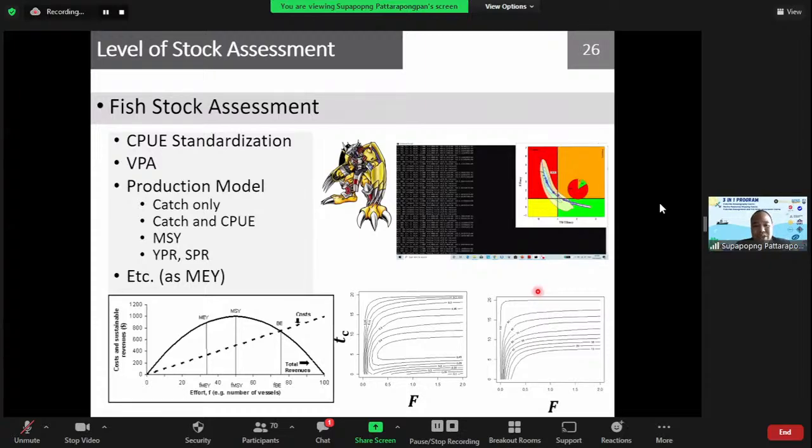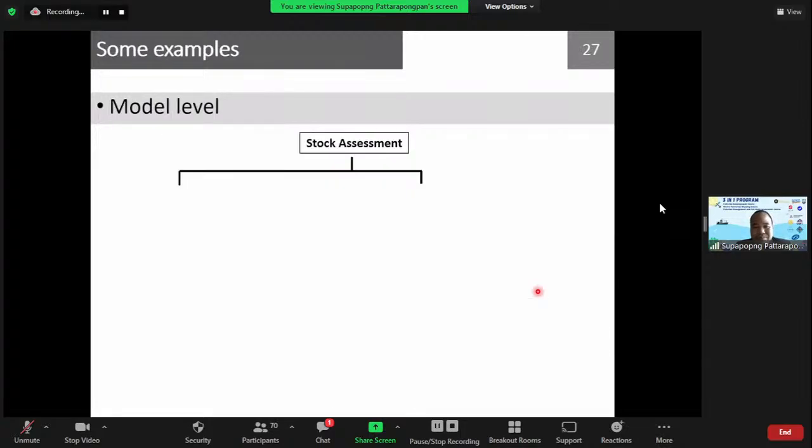For example, you can do the CPUE standardization, you can make the virtual population analysis, you can make some production models, and with these production models you can also think that they have so many different models you can apply to different situations.